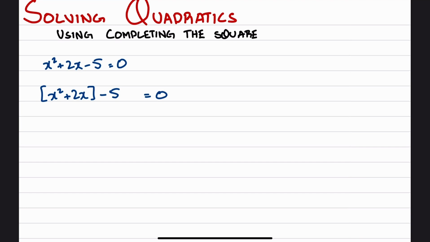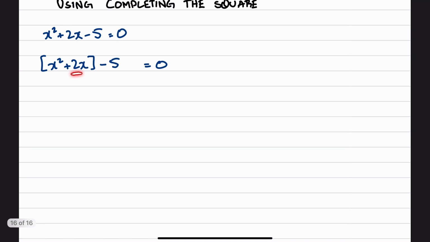Then what we do is add half of the coefficient of x and subtract it as well, since we can't just make additions to our equation. What I mean by that is the coefficient of the x term is 2 and half of 2 is 1. So we'll add 1 squared and subtract 1 squared in our expression.